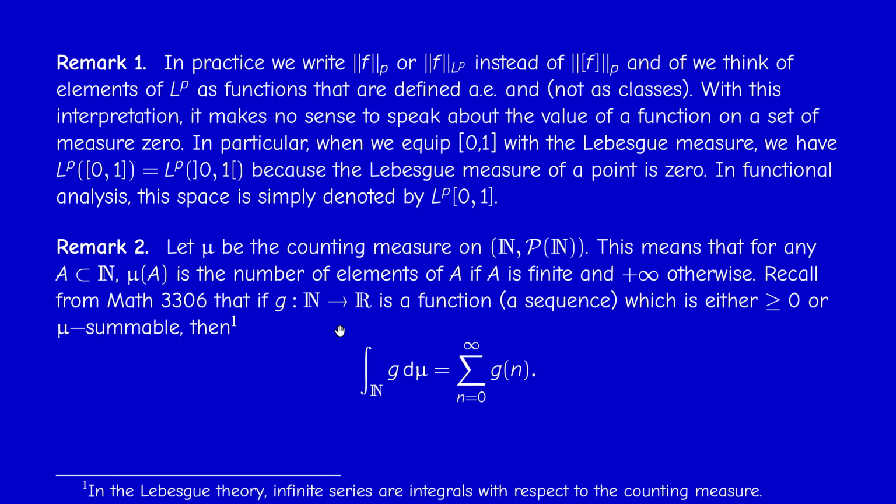If g is either non-negative or mu-summable, then the integral of g with respect to the counting measure is simply the series of general term g(n). So this is one of the advantages of the Lebesgue theory over the Riemann theory, that it includes series and finite sums as a special case of integrals.